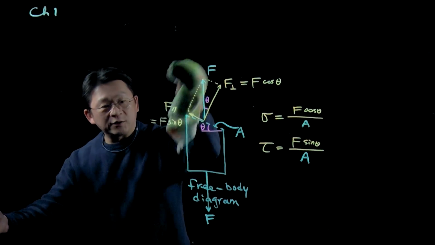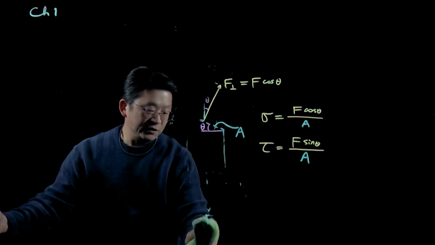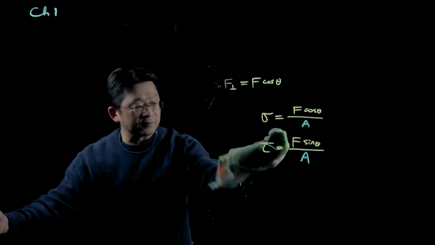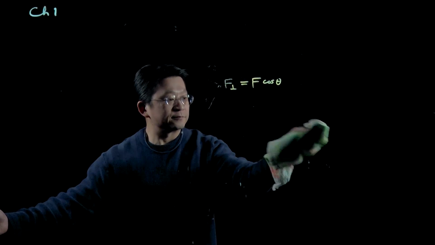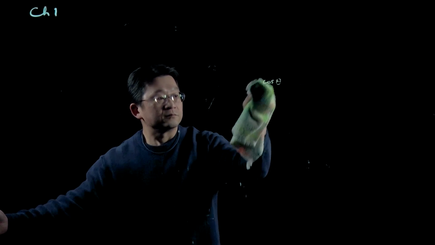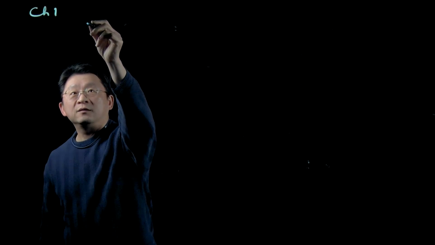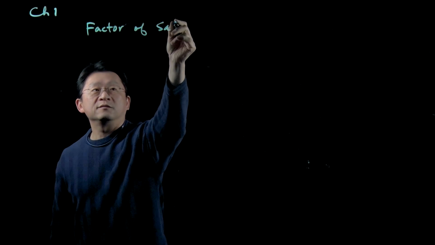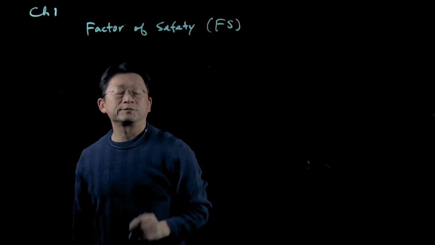And one final concept to deliver in chapter 1 is called the factor of safety. The last topic we want to deliver is called the factor of safety, and we call it FS.